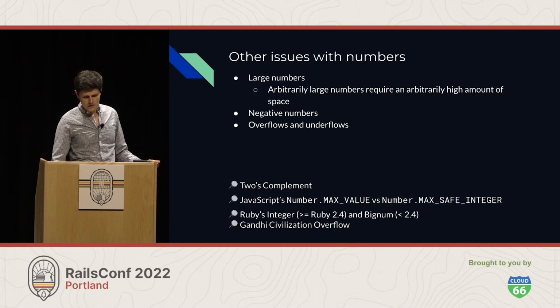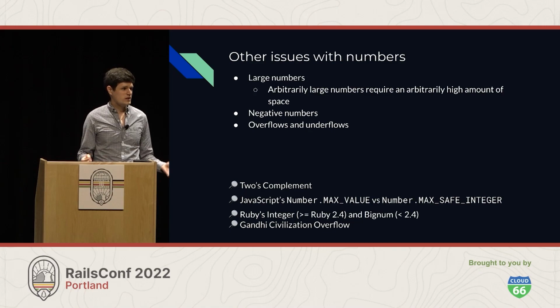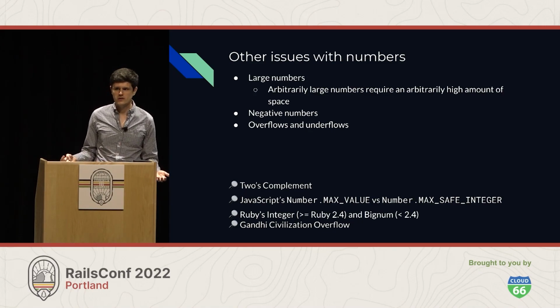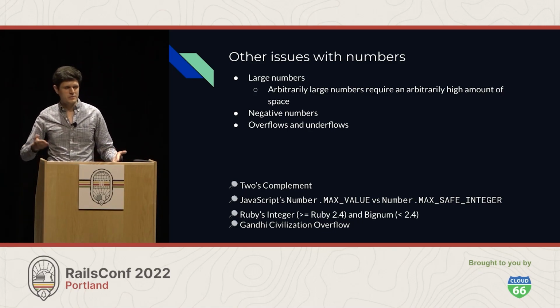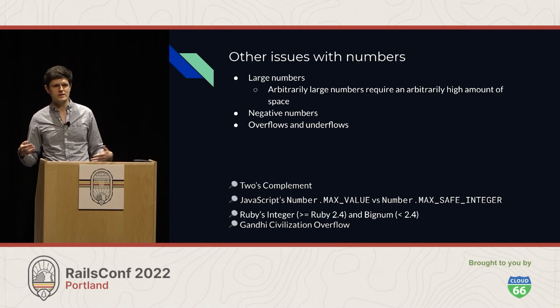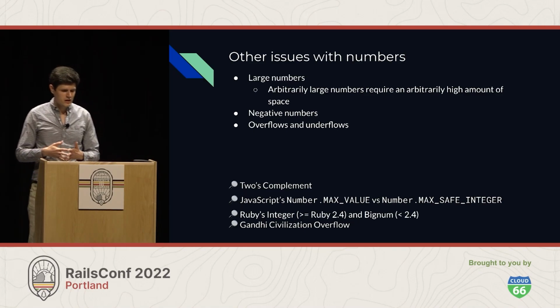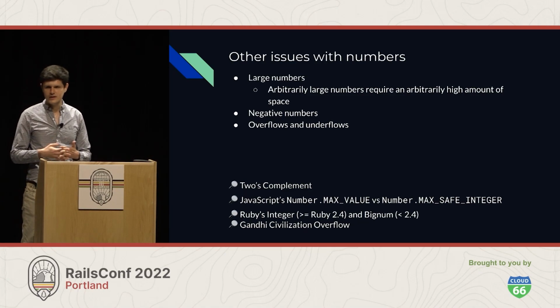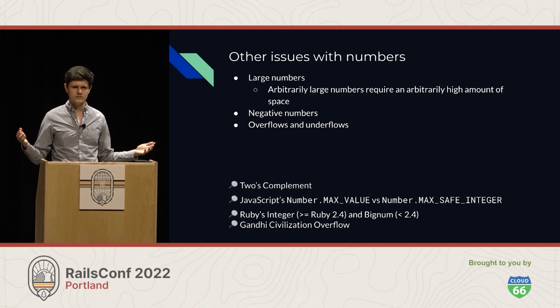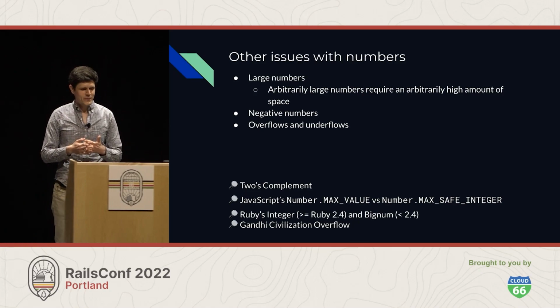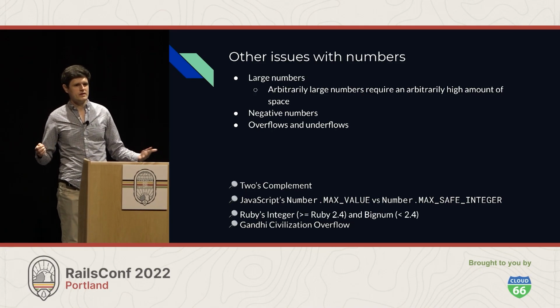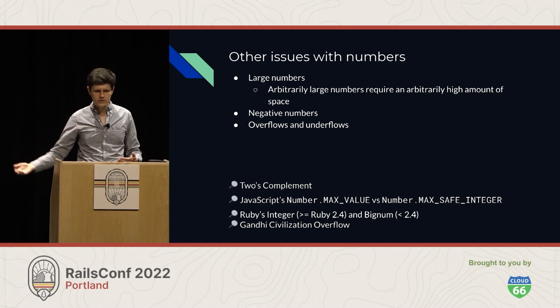There are a few other issues that we can run into as software developers when we're dealing with numbers. These are kind of dependent upon what programming language you're using, sometimes even what platform you're using. We're not going to cover them too much in the interest of time and getting into more interesting things that aren't math. But if you're dealing with very large numbers, then of course you might need a very large amount of memory.